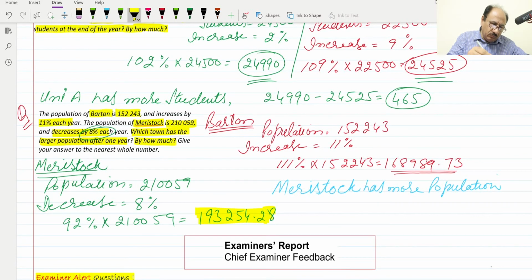So how much is more? Give your answer to the nearest whole number.